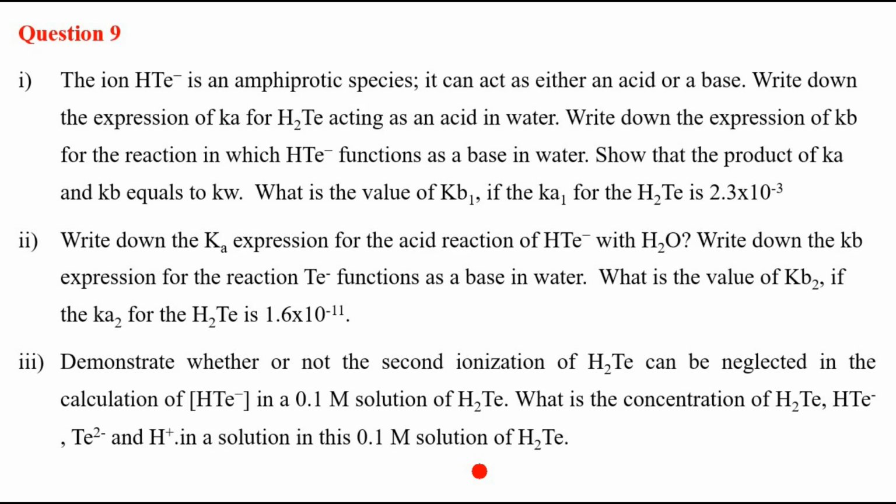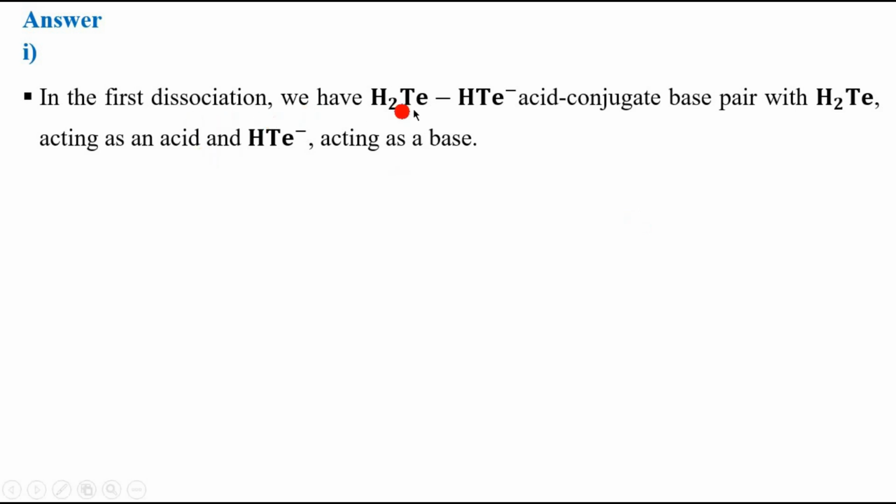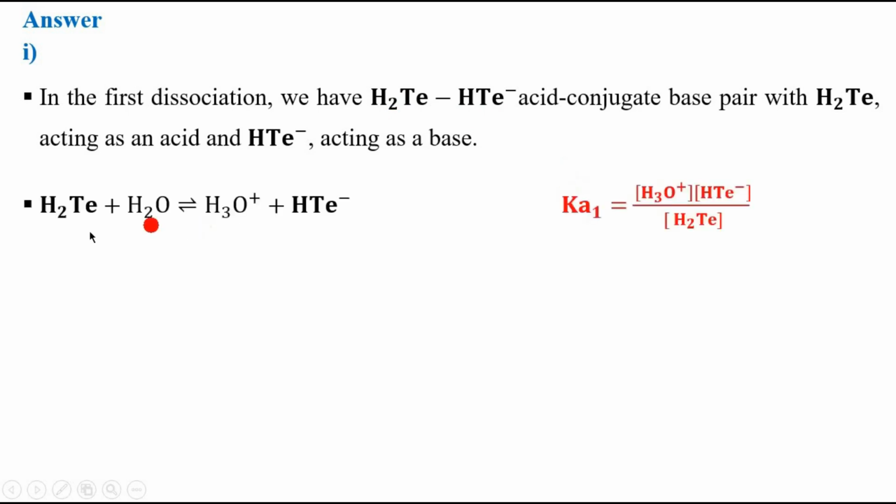Let's see for this question number I, the first situation we have this one. This is the acid. This is the conjugate base. That means this will behave as an acid and this will behave as a base. Behaving as an acid, it will liberate the H plus in the solution. The H plus from here will react with the water to give the hydronium ion.